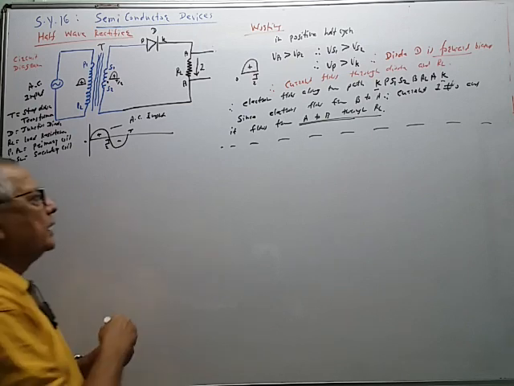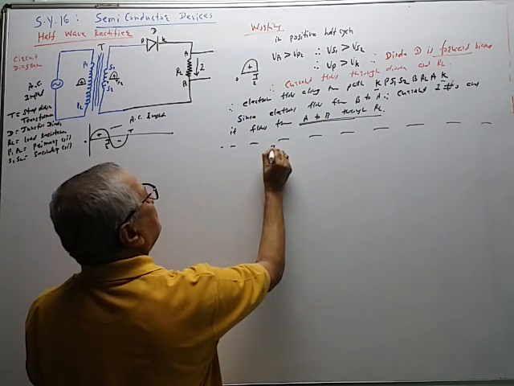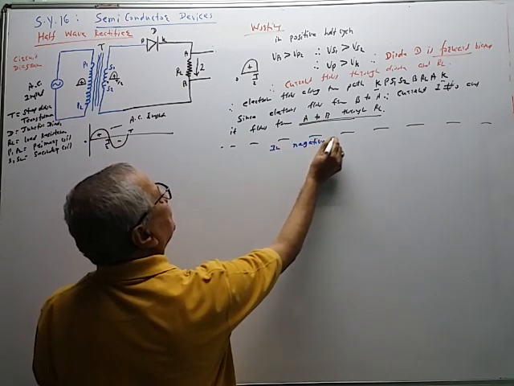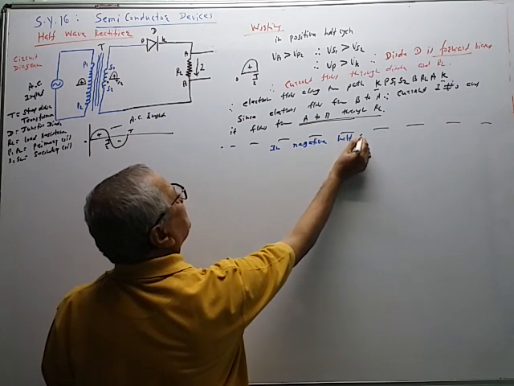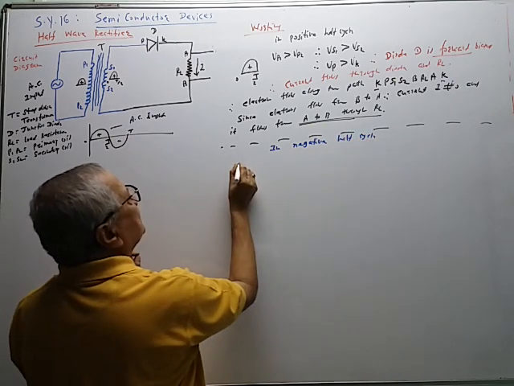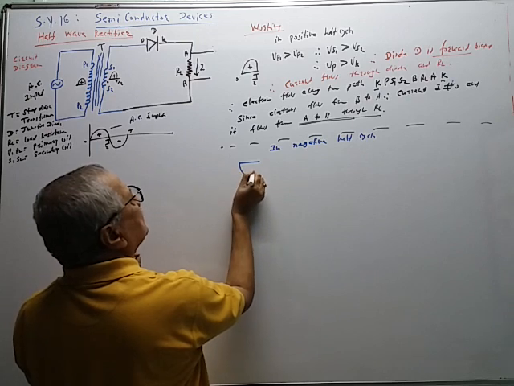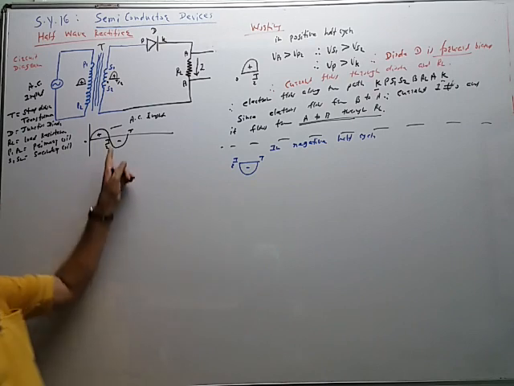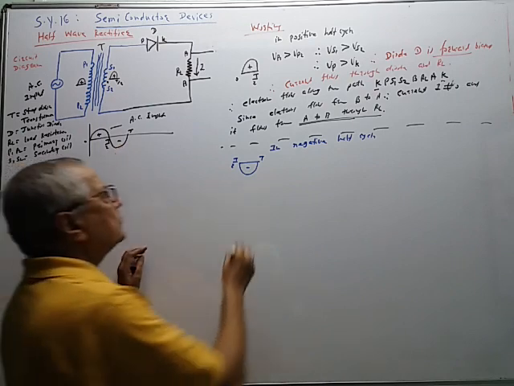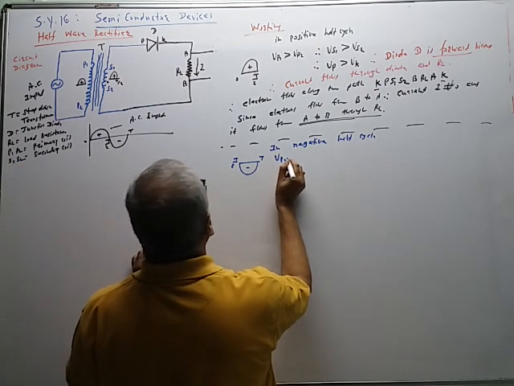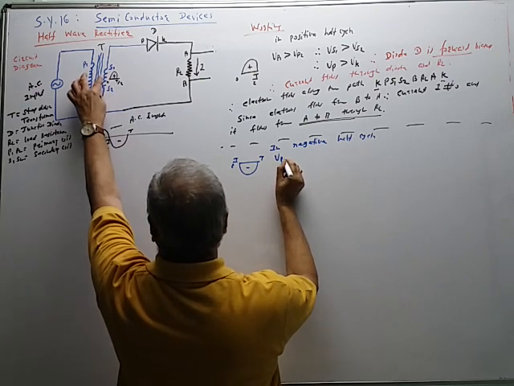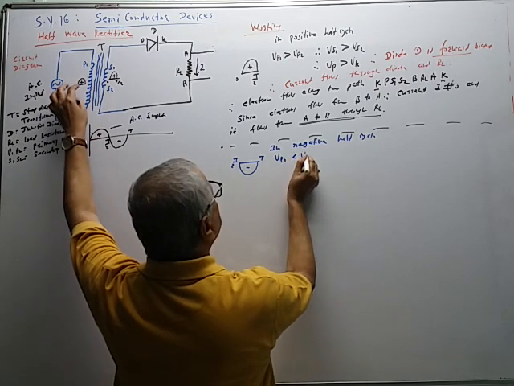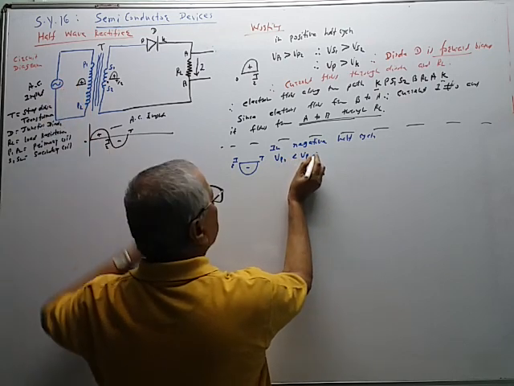Now what happens in negative half cycle? Negative half cycle means this is negative half cycle from T by 2 to capital T. So in negative half cycle, VP1 will now reverse: VP1 will go to lower potential and VP2 to higher potential, because the peak point went toward P2.